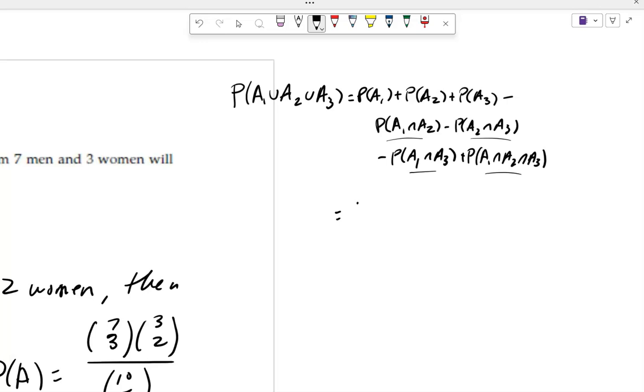A third. And then they tell you that the intersections are going to be a third squared. And they tell you the last one was a third cubed.